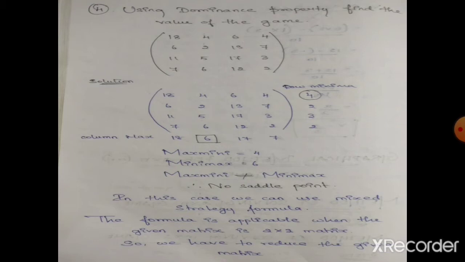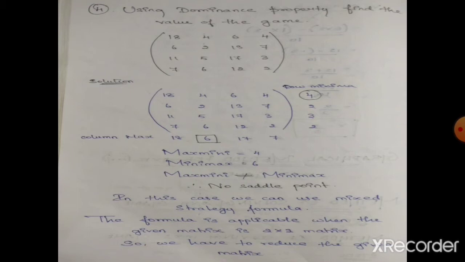Fourth row the minimum value is 2. Similarly for the column wise, for the first column the maximum value is 18. For the second column the maximum value is 6. For the third column the maximum value is 17. For the fourth column the maximum value is 7.